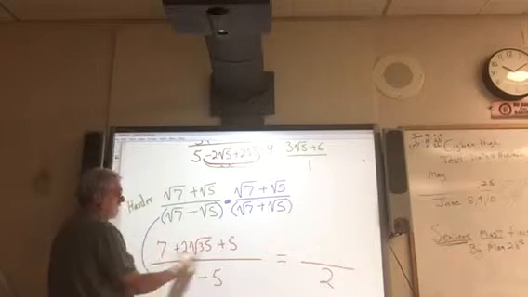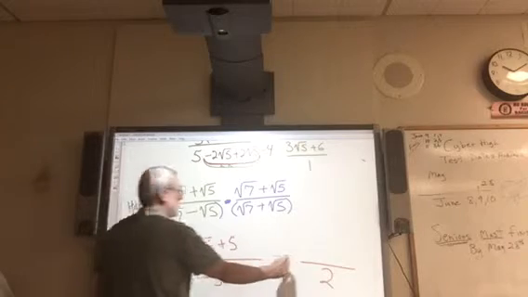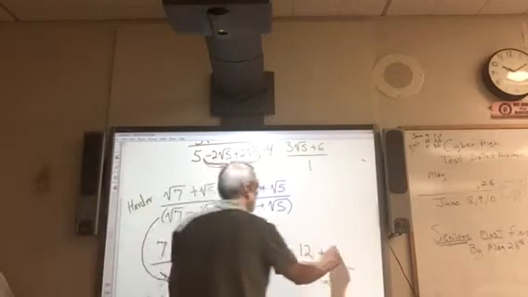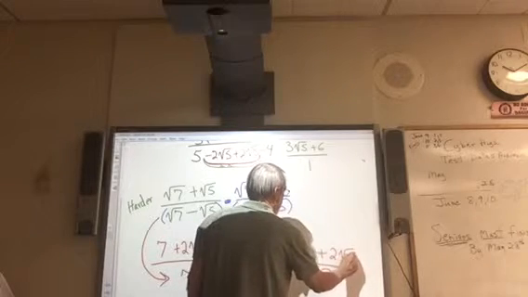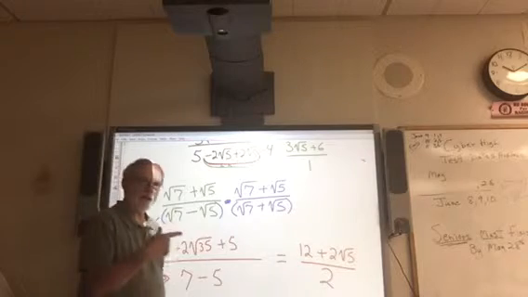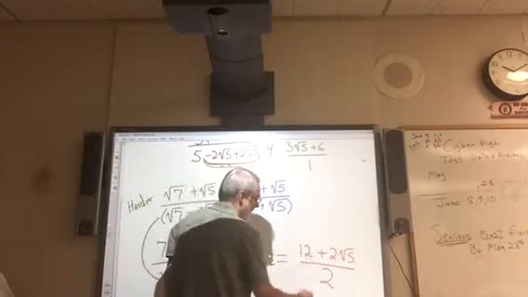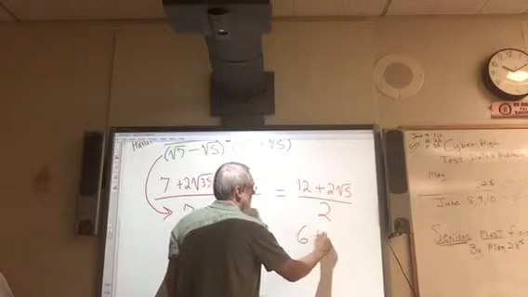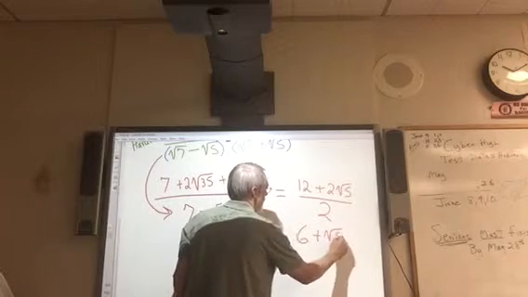So now we can actually combine the 7 and the 5, and we get 12 plus 2 radical 35. But, again, that can be simplified a little further. So we end up with 6 plus radical 35.